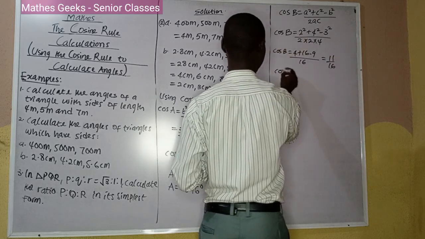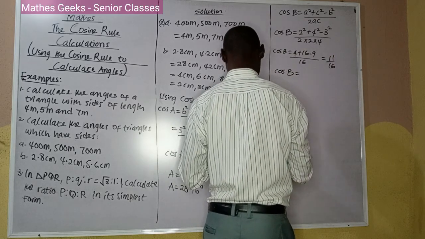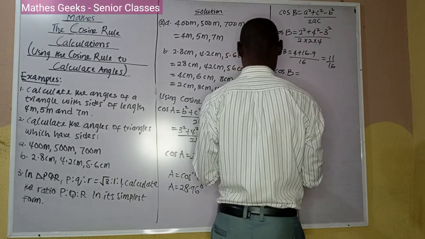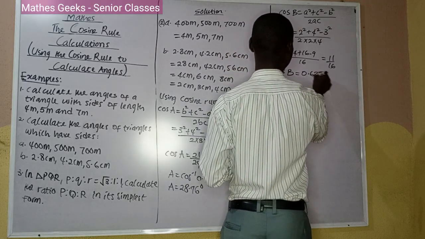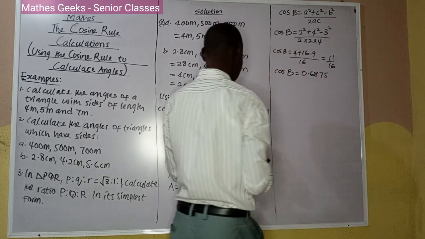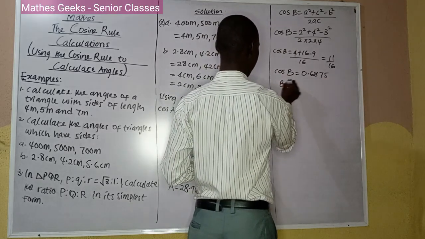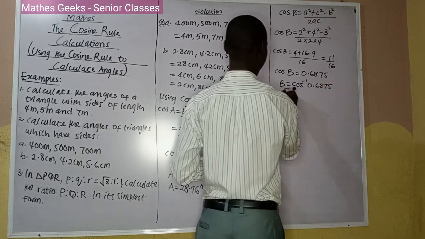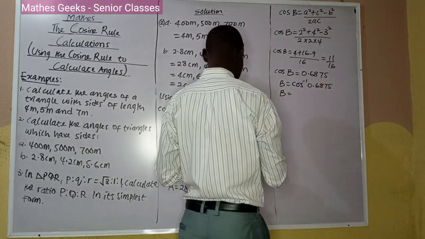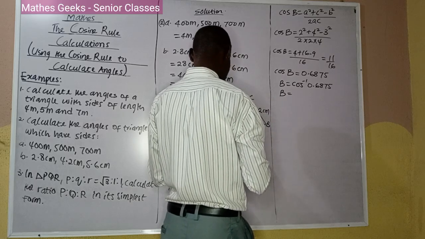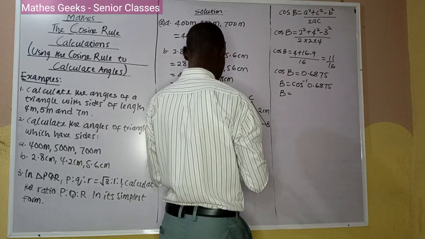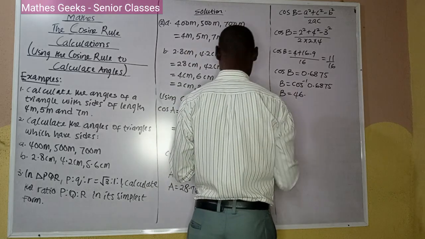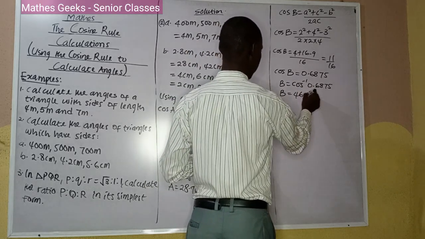So cos B is 11 divided by 16, which is 0.6875. So angle B is arc cos 0.6875.